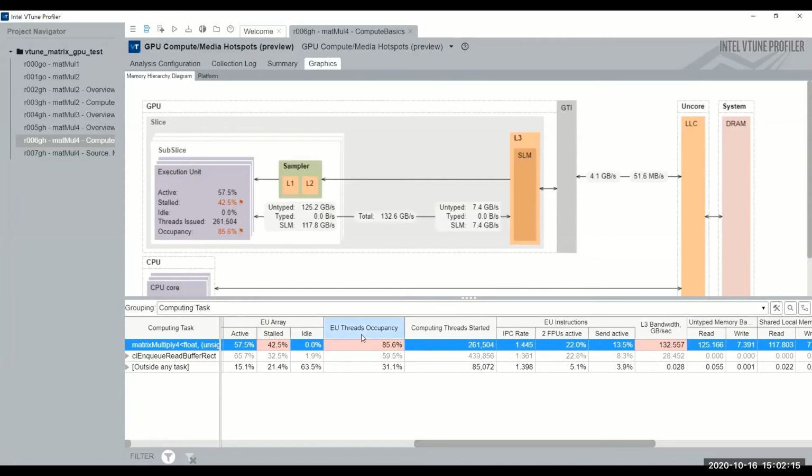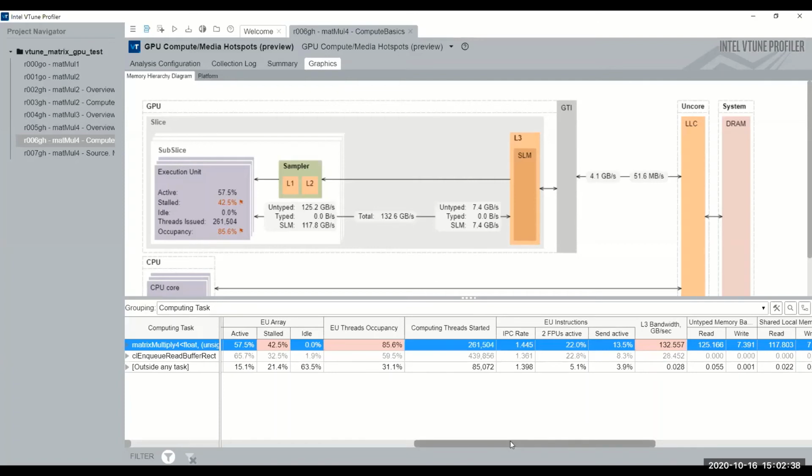Although at the same time the thread occupancy is fine enough, it's 85%. There's some threshold which is making this pink, because we are expecting the occupancy higher than 90% to call it efficient.